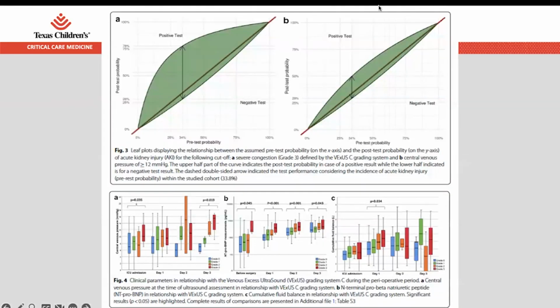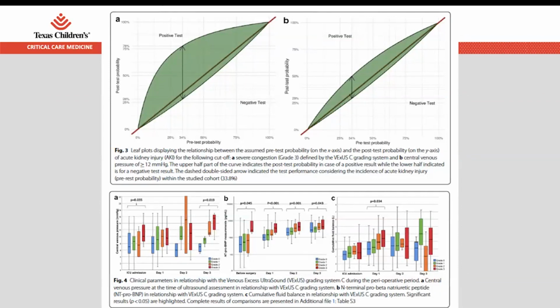And overall, all of the tests performed kind of in the same ballpark, except the model for C was found to have a higher likelihood ratio of being able to determine whether or not someone had AKI. And so C was the one that won out, but not for bad reasons.